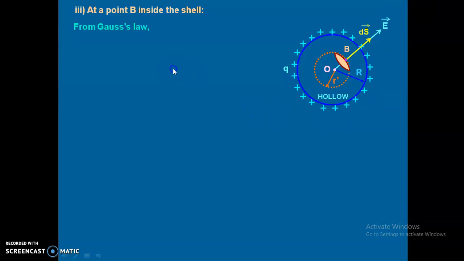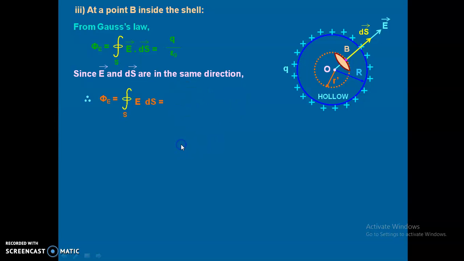So from Gauss law again we can write the same expression, and E and ds both are in the same direction. So again we can write the same formula as we proceeded in the last two slides. Now we can write E integration of ds is equal to q upon epsilon naught.